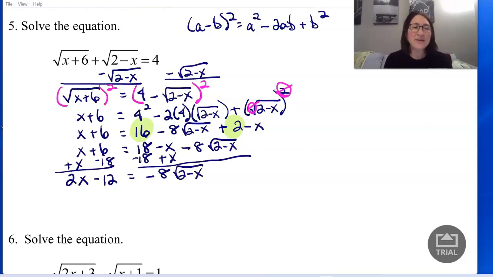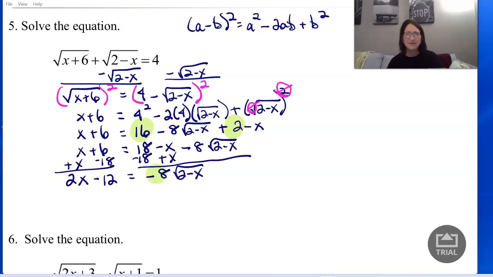Okay, so now what am I going to do? Well, I'm going to kind of give you a little tip of the trade. If I was to divide by that negative 8, that's going to give me a fraction on the left.